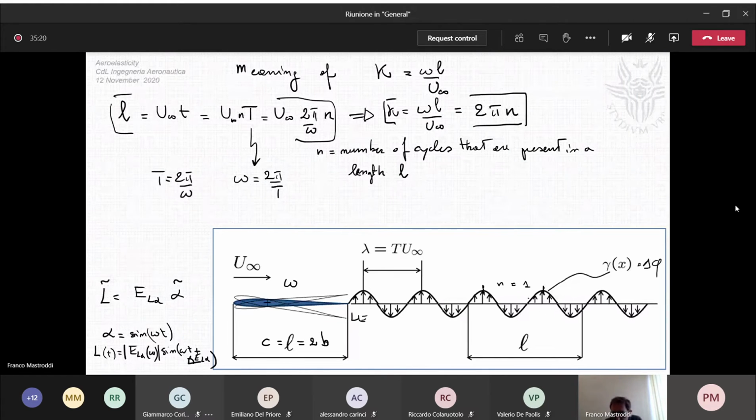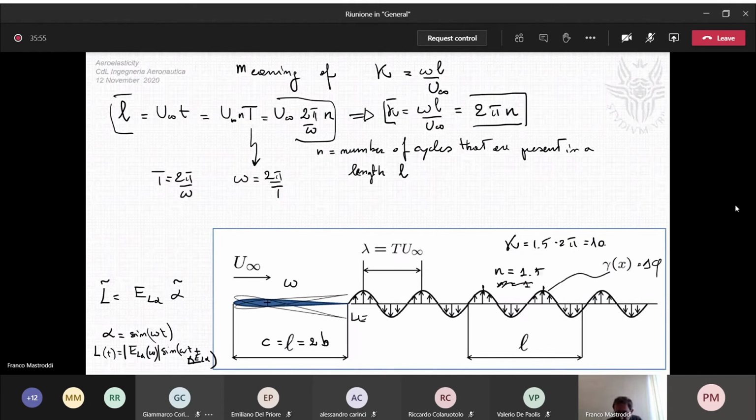If you count, you have an N which is something more than 1, something less than 2, so you have N equal to about 1.5 cycles in the length, and therefore in this case k is equal to 1.5 by 2 pi, which is something like 10 about.